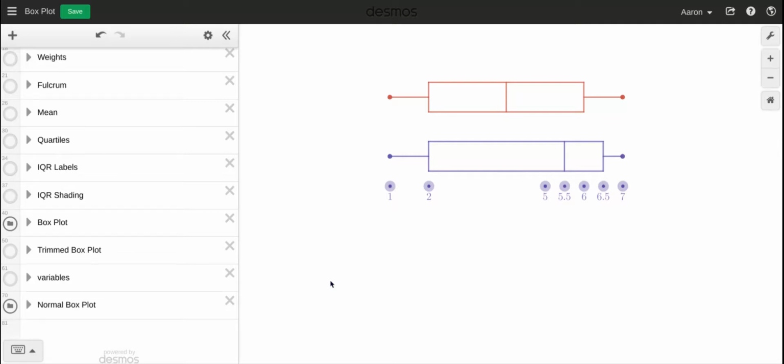Right now, the data sets as a whole show the same overall variation from 1 to 7, but they show differences in variation within the quartiles. For example, quartile 2 for the lower graph shows a greater variation in the data than quartile 2 for the upper graph. By the same extension, the highest quartile shows greater concentration or greater consistency in the lower graph than it does in the upper graph.